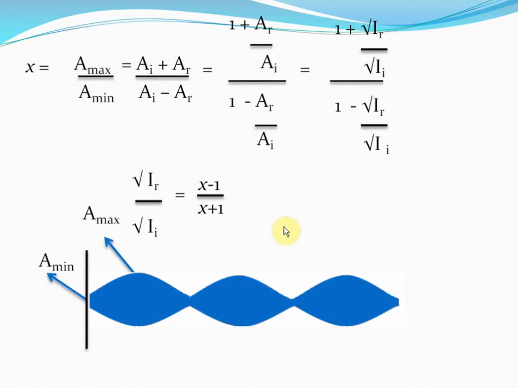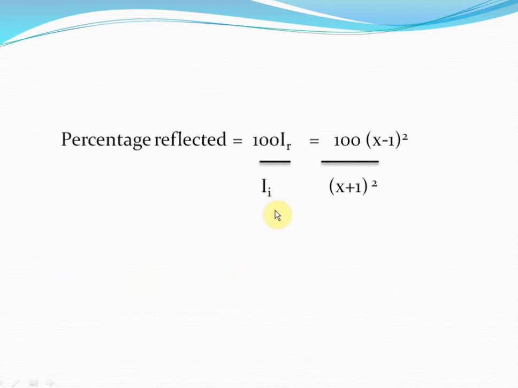So clearly the percentage of energy reflected will be IR divided by II into 100. That is the intensity of the reflected wave divided by the intensity of the initial wave into 100, which is equal to 100 (x minus 1) whole square divided by (x plus 1) whole square. This is the percentage of energy that is reflected back.